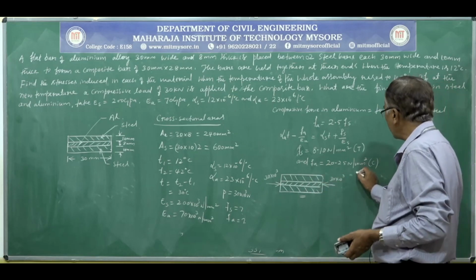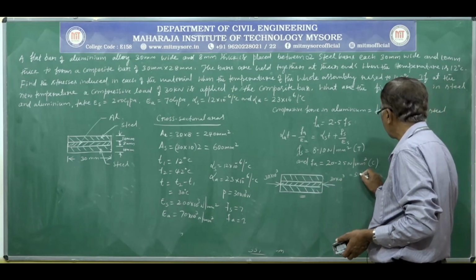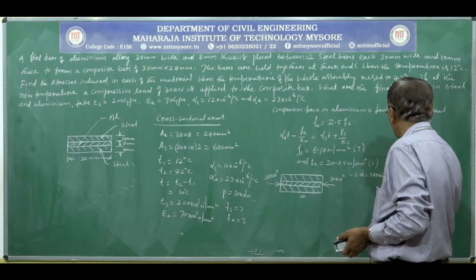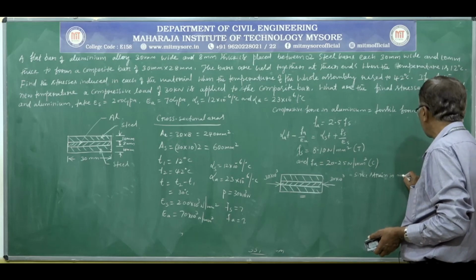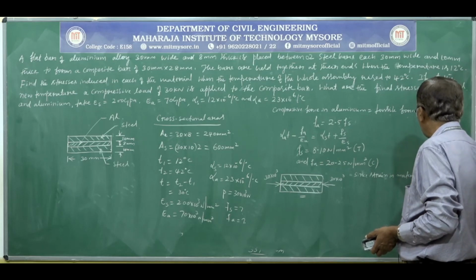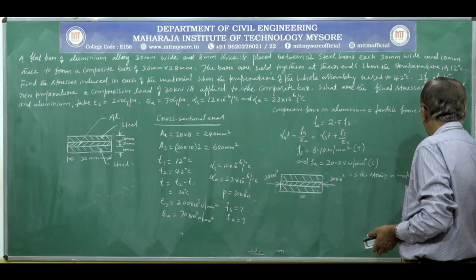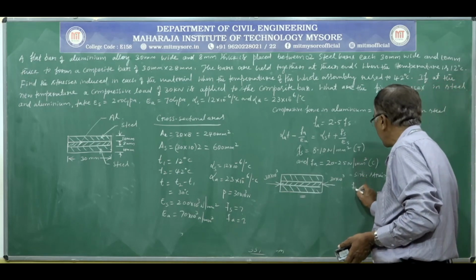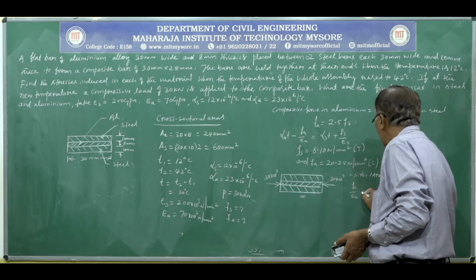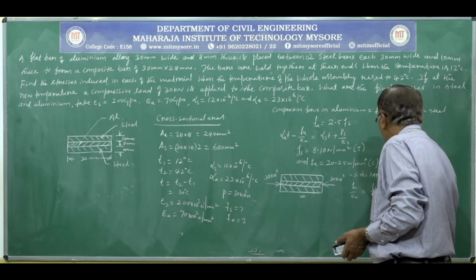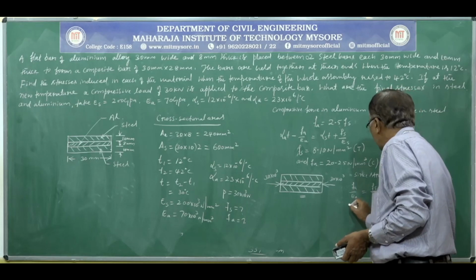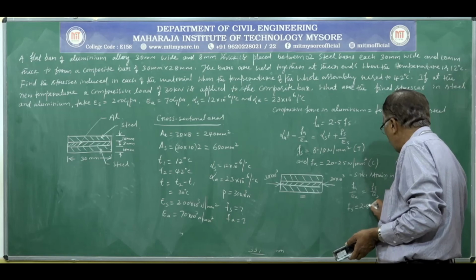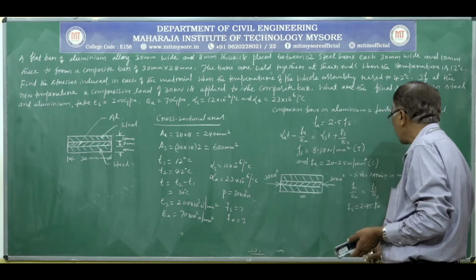Since strain in the materials are the same, we can write Fa by Ea is equal to Fs by Es. Therefore, you can write Fs is equal to 2.85 times of Fa.